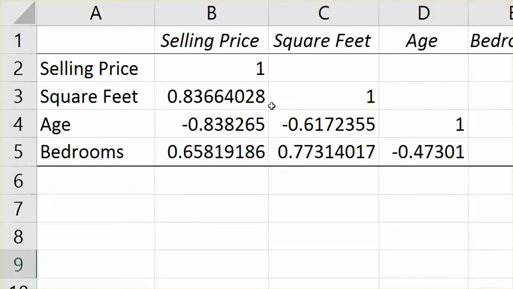What is interesting is that when we have more than one independent variable, we want our independent variables to be independent of each other. I'll say that one more time. When we have more than one independent variable, we want those variables to be independent of each other and not dependent. If they are dependent upon each other, we refer to that as collinearity.